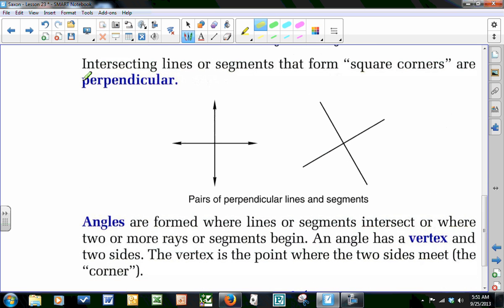These lines intersect, but they're called perpendicular lines. And perpendicular lines form, let me use a pen for this, this perfect square, just like that. They can also be tilted, but that's still a perfect square right there.